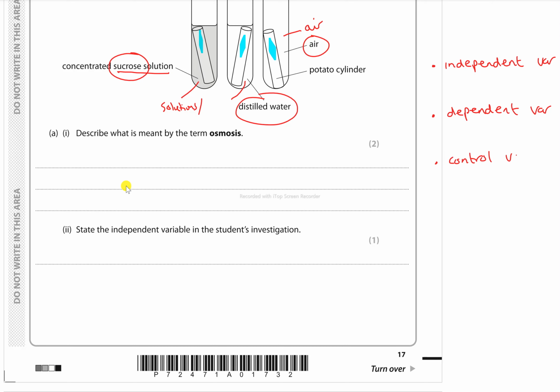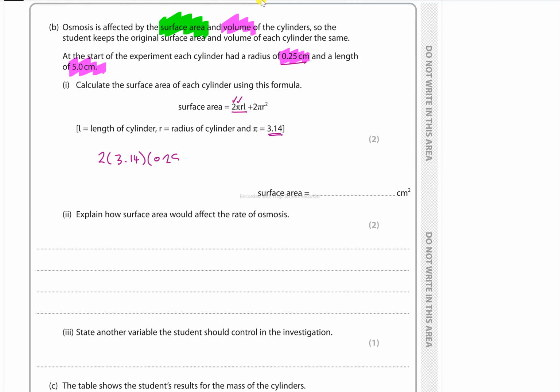They've actually told you that you're going to use 3.14. So 3.14 close bracket. So I've done the 2, I've done the pi. I'm going to do open bracket. The radius is 0.25, and then we need L is 5 centimeters.